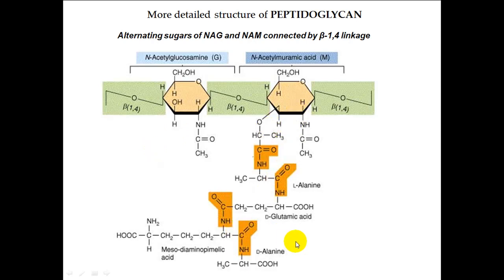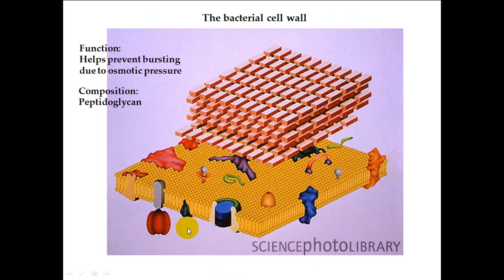Here are the specific amino acids and how they attach to it. If you're interested, you can pause this video and look this up. If not, we'll go on and say more about the cell wall of bacteria.